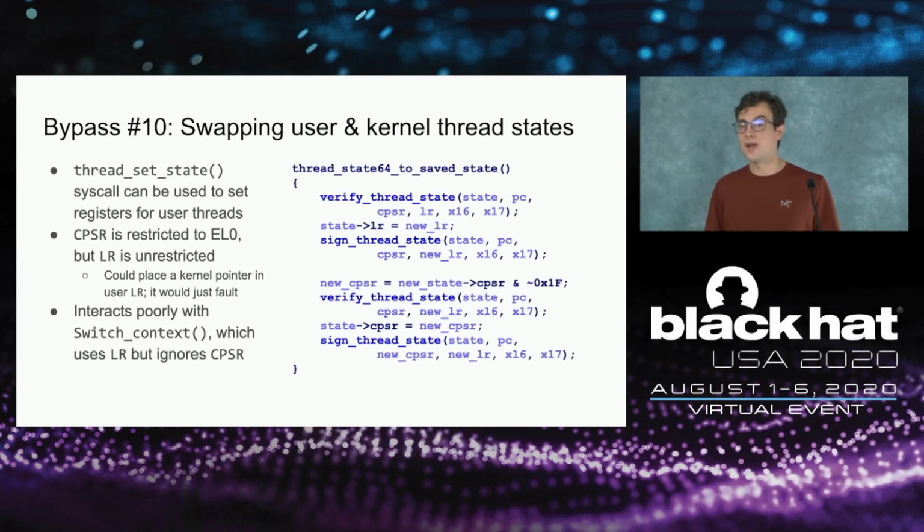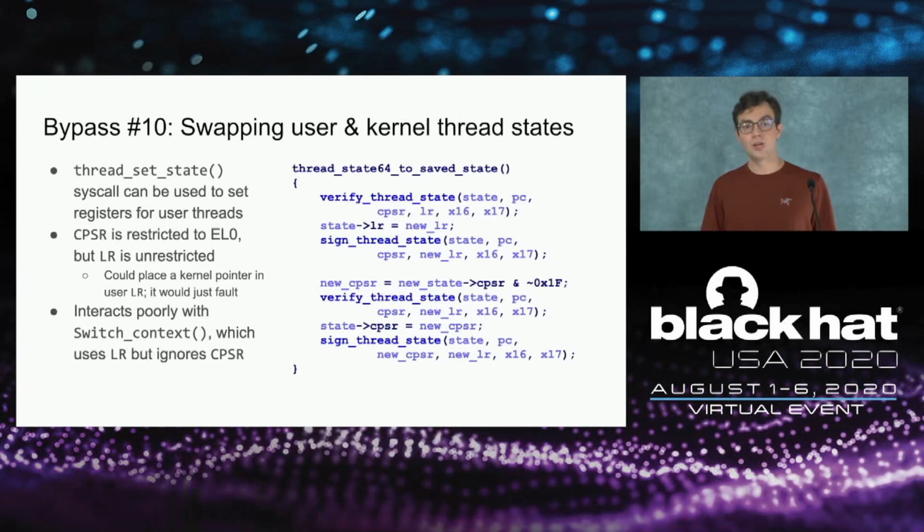And it's implemented in the kernel by this function, which we also saw in the very first PAC bypass, thread state64 to saved state, which is responsible for verifying the old user space registers, then setting the new registers, and then re-signing the thread state such that it has the new registers instead with the signature intact.